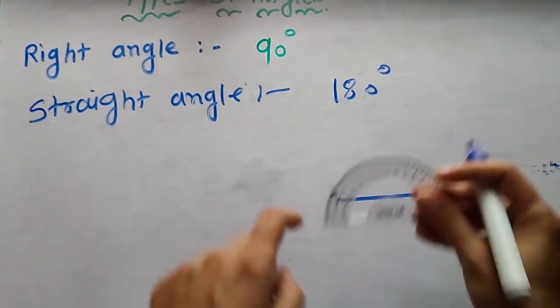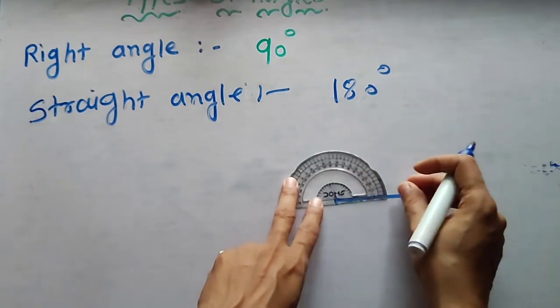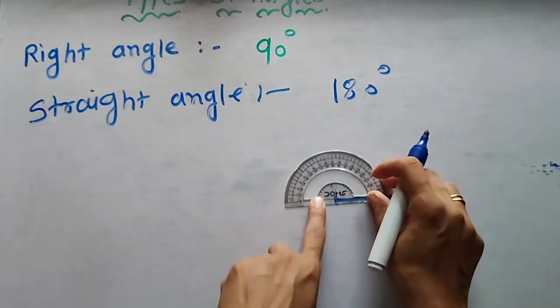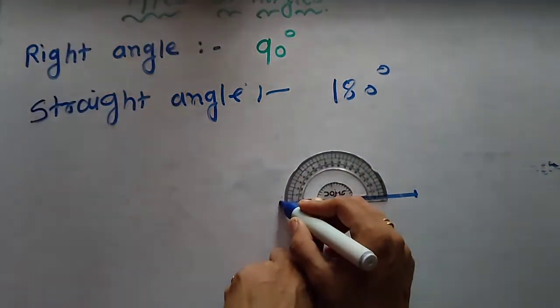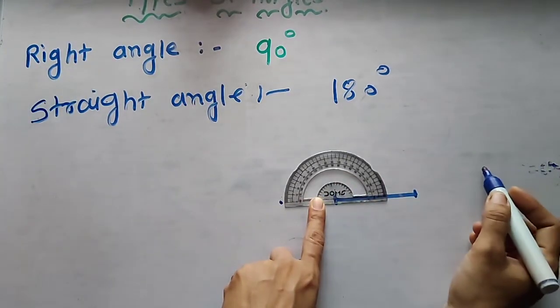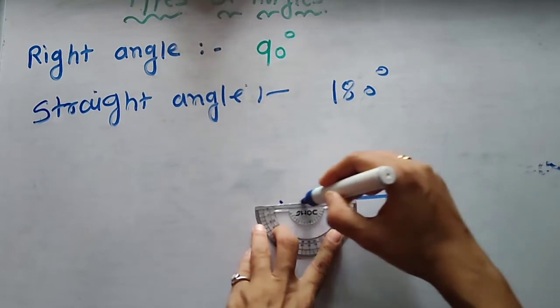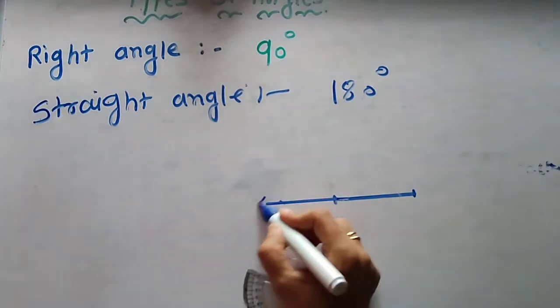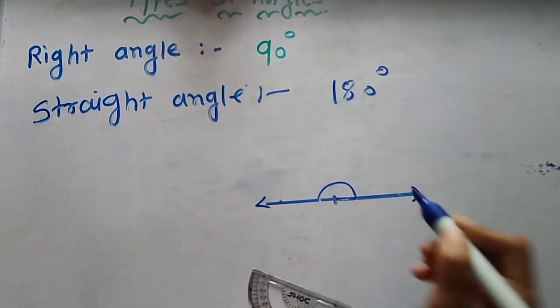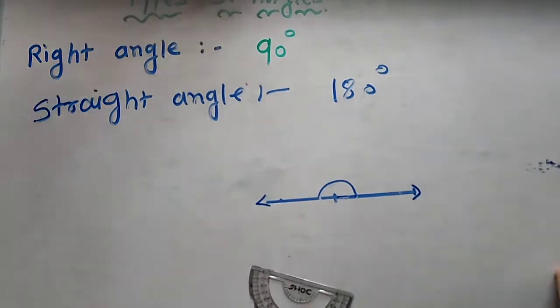This is your origin, and you put your protractor, and this is 180 degrees. When you join these two lines with the help of a ruler, you get a straight line. So this type of angle is called 180 degrees.